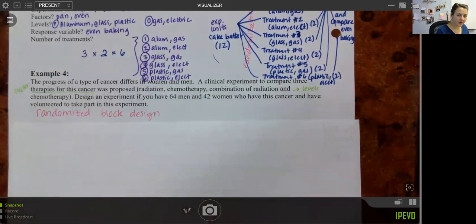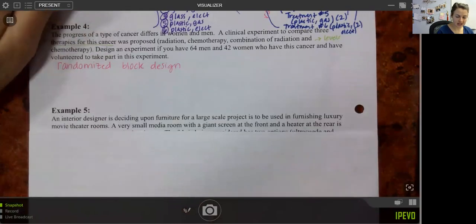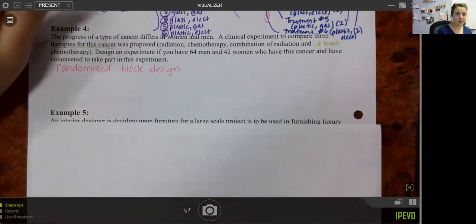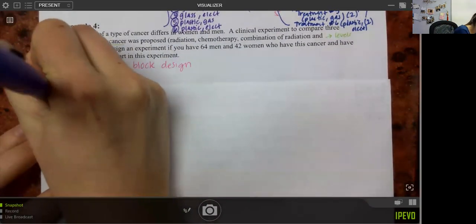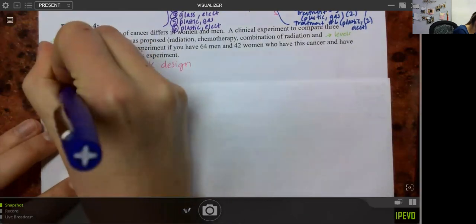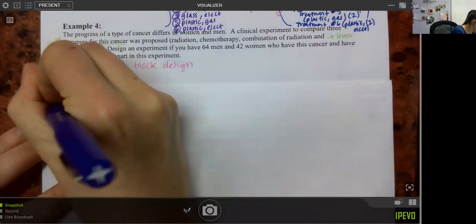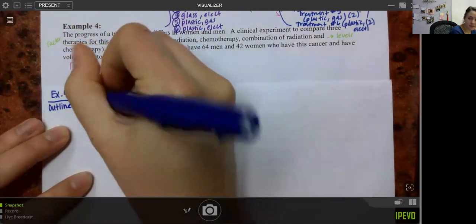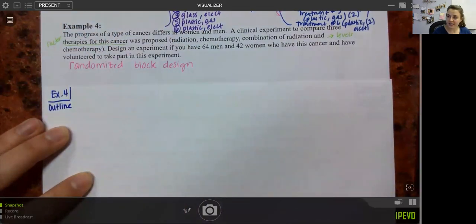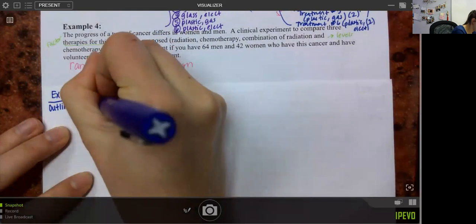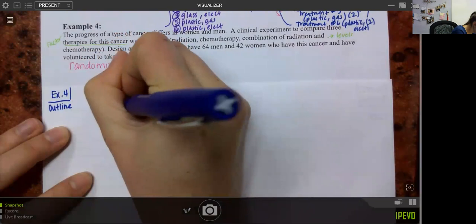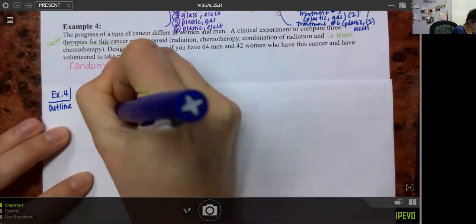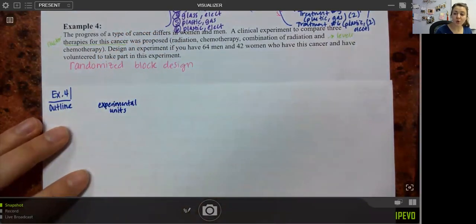Okay, so we're going to go ahead and talk about what the map is going to look like. How is it different when we block? Well, it's going to start off the exact same as any other map that we'll do for experimental design. So we are going to start off very simply by saying our experimental units, so that's the who are we doing this on?